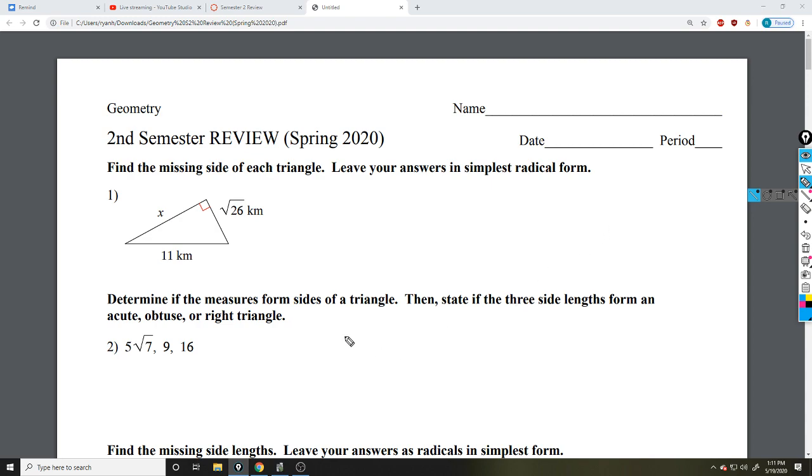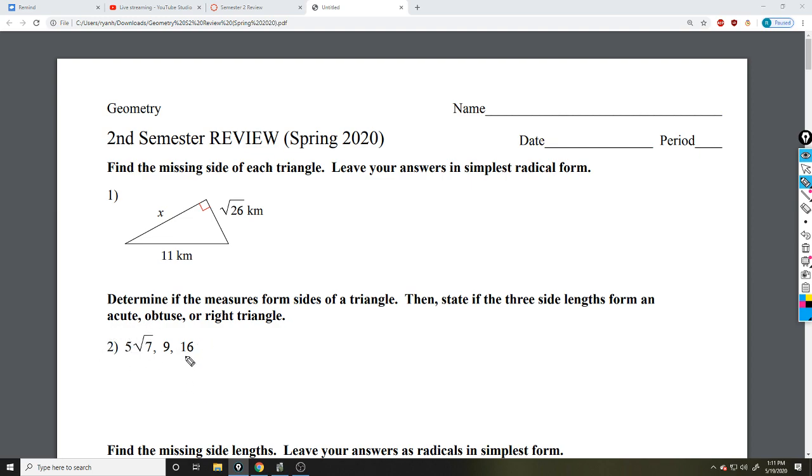Determine if the measures form sides of the triangle, then state if the three sides form an acute, obtuse, or right triangle. So, first off, we need to figure out what our longest side is. Well, we have 5 times the square root of 7.